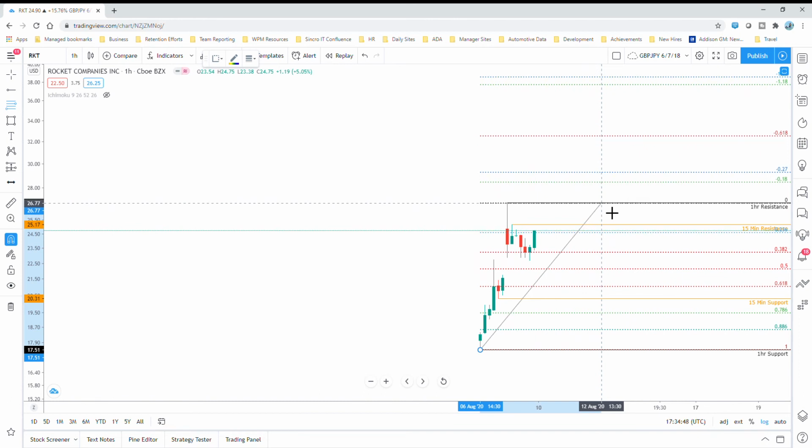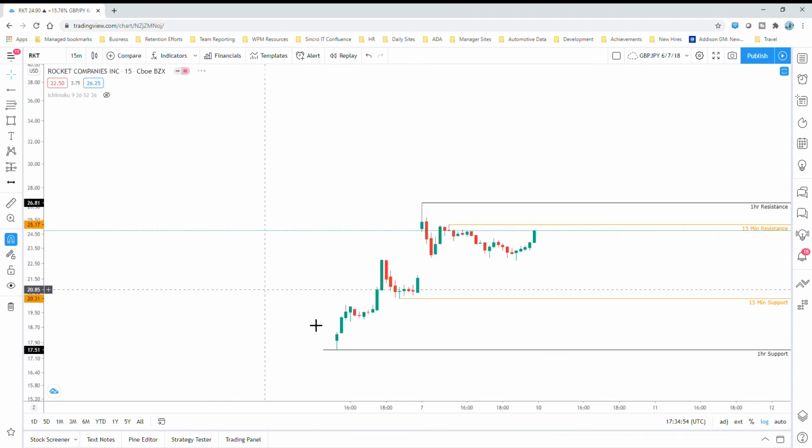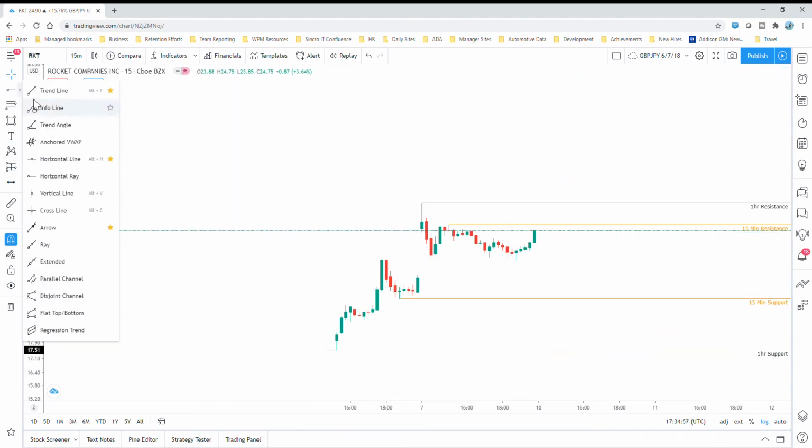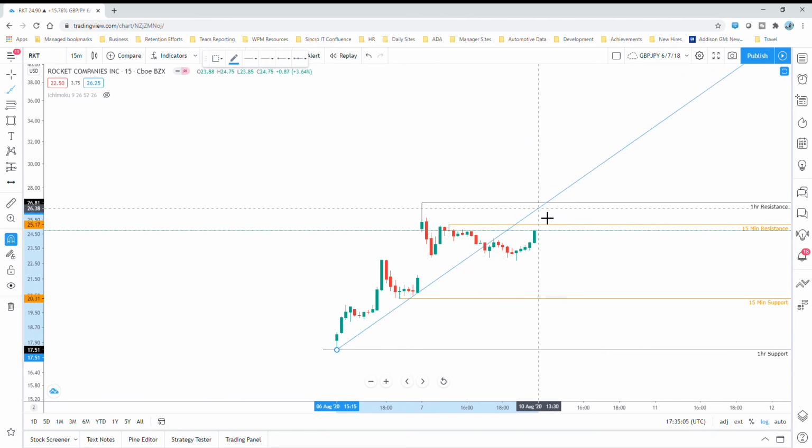So this is considered right now a long-term move. If we get down to the 15-minute, we can draw our trend line. Technically, this would be the trend line, so we did get a break in that. More of a pullback here, so definitely watch out for that.